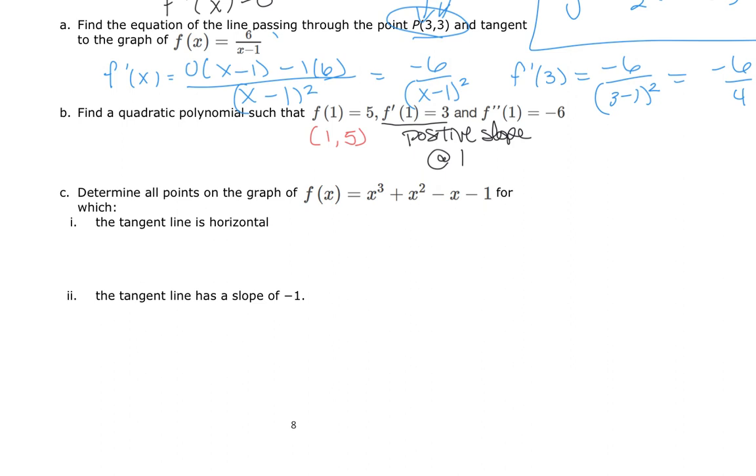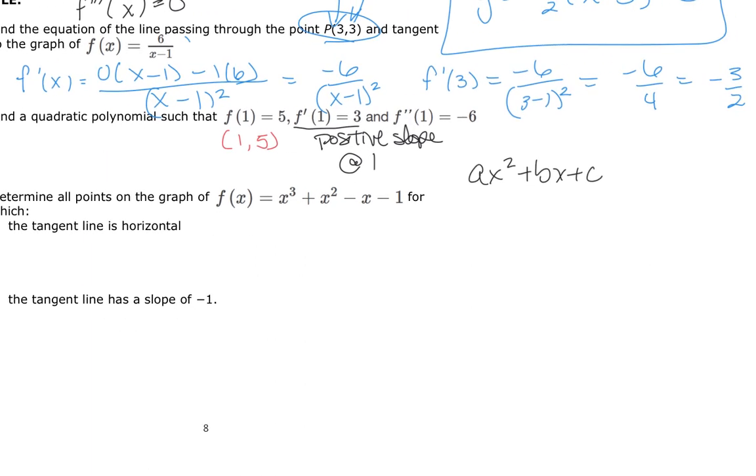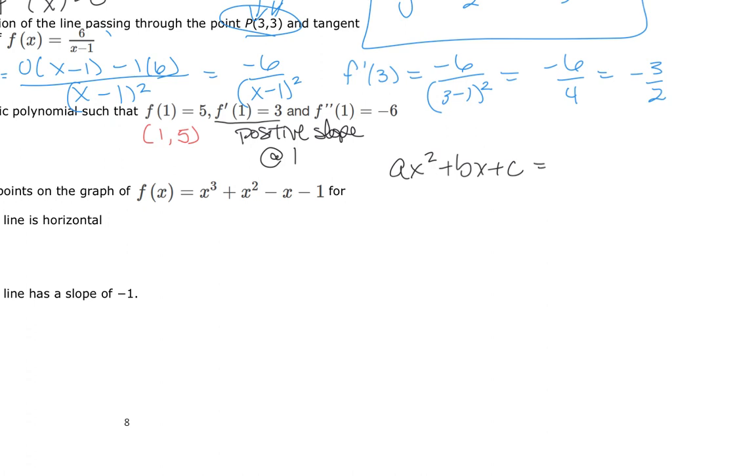Well, let's think about what a quadratic looks like. So we know a quadratic is ax squared plus bx plus c. Now, we know this is our function, that's a quadratic. We also know that when we put in f of 1, that ax squared plus bx plus c has to equal 5.